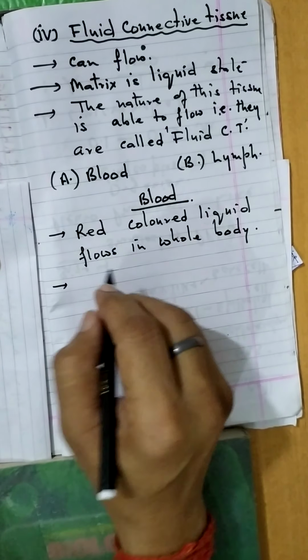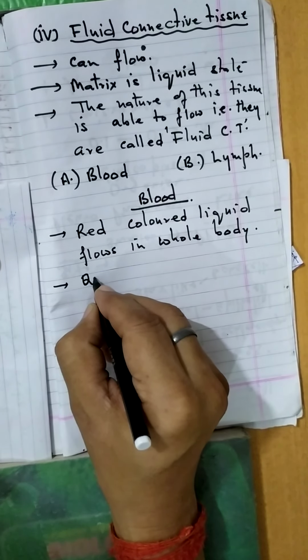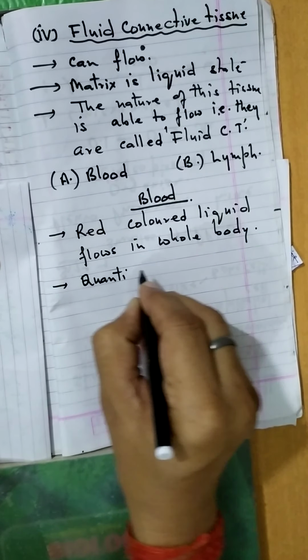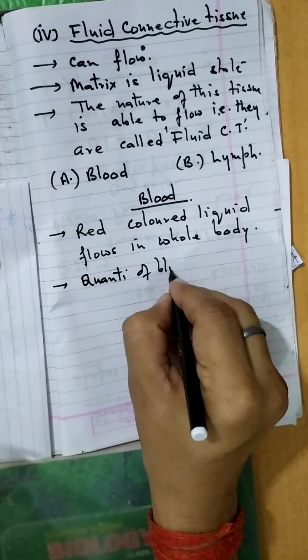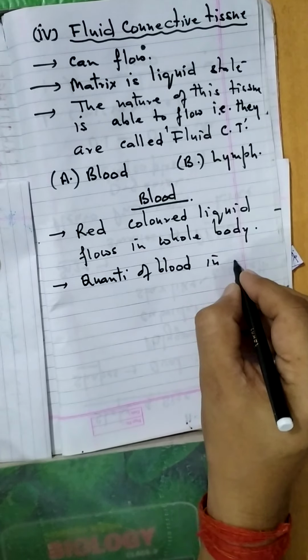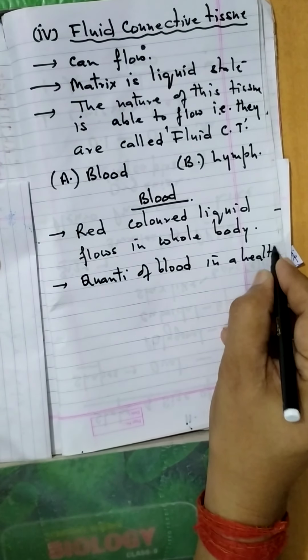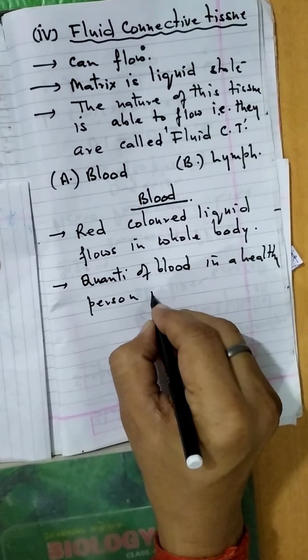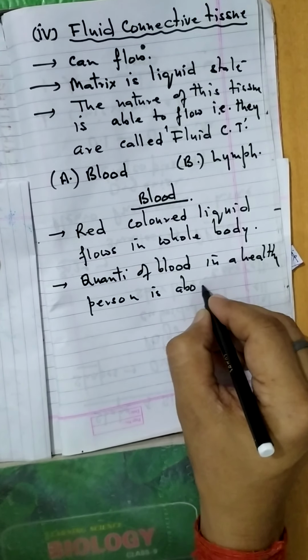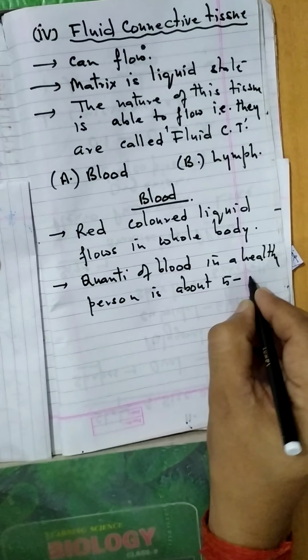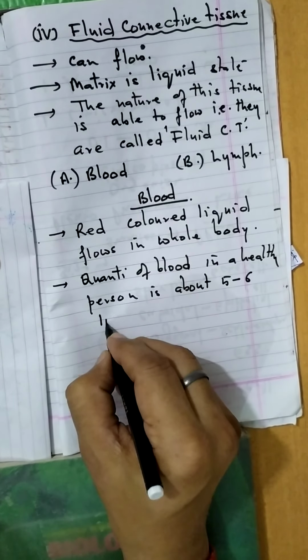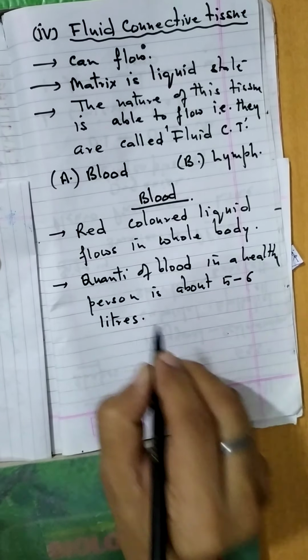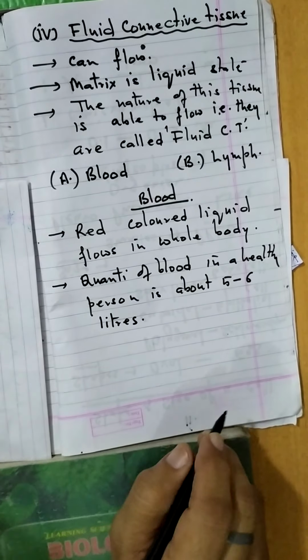In a healthy person, the quantity of blood is about 5 to 6 liters. Is it clear?